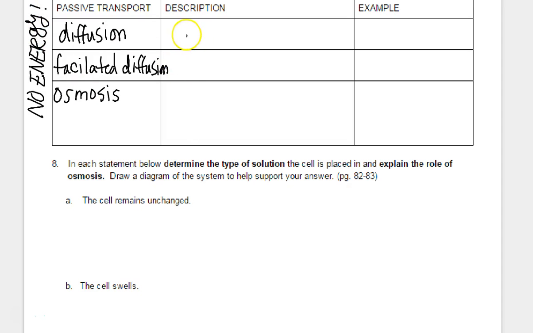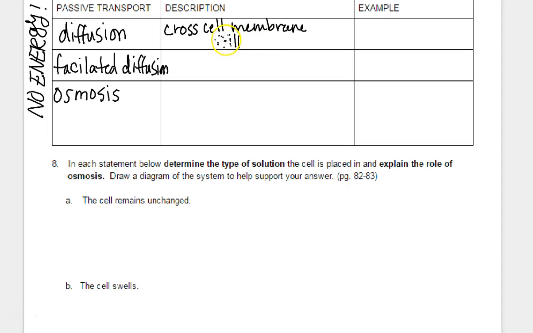Okay, so diffusion can be a gas or a liquid, but this is just something that's going to be able to cross the cell membrane with that concentration gradient. So that concentration gradient is when there's a high concentration on one side, so there's lots of oxygen molecules on one side of the membrane, and then you have your cell membrane, and then over here there's not.